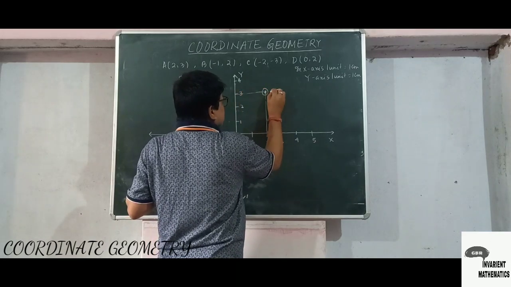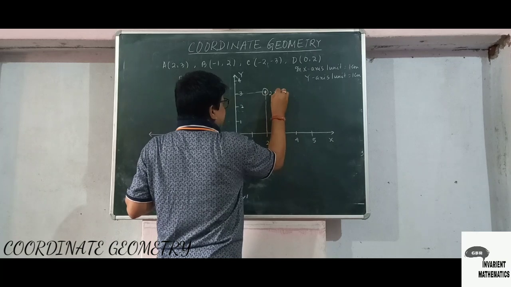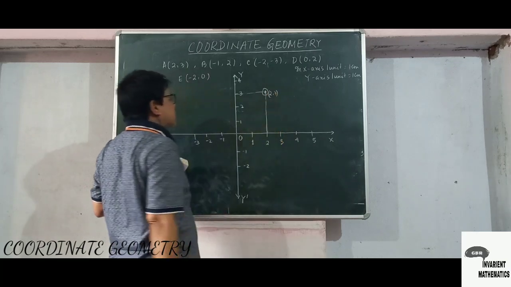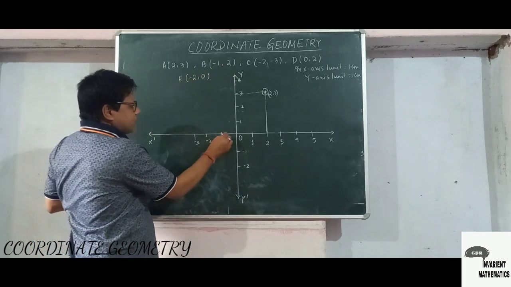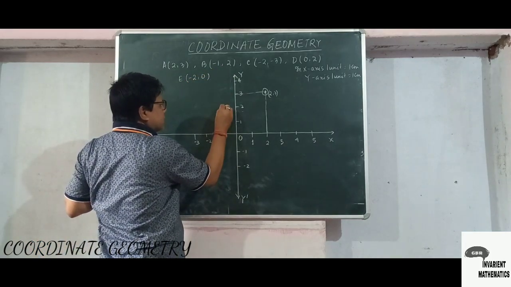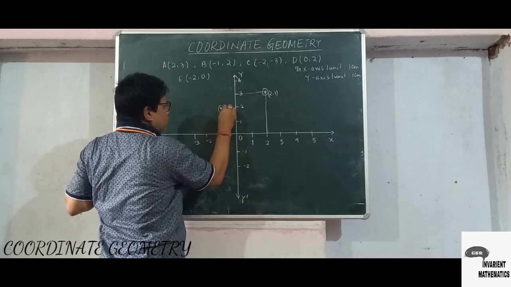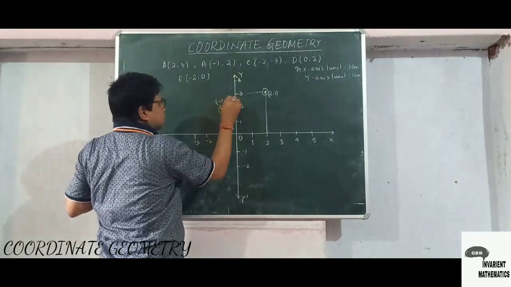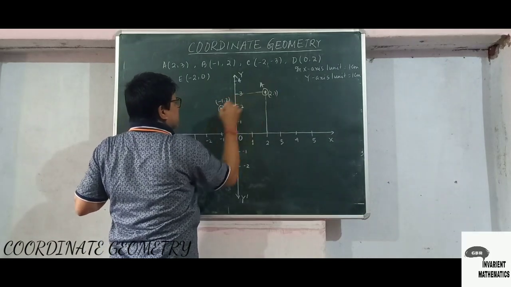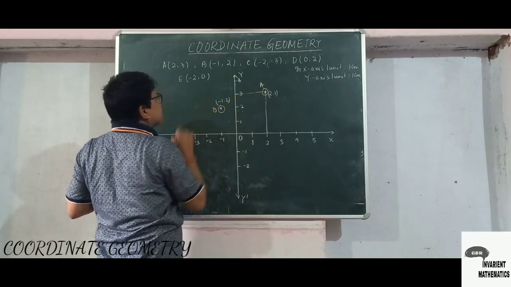So this is (2, 3), x is 2, y is 3. Now (-1, 2). Minus 1 is here, 2 is here. So this is (-1, 2). This is point A. This is point B.